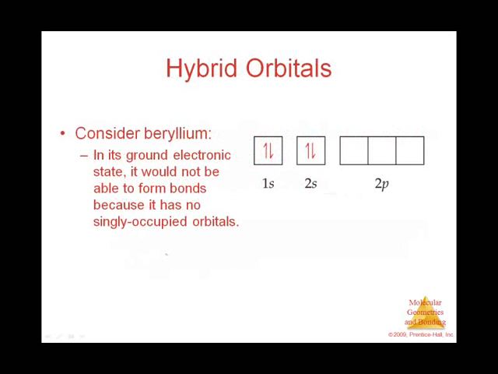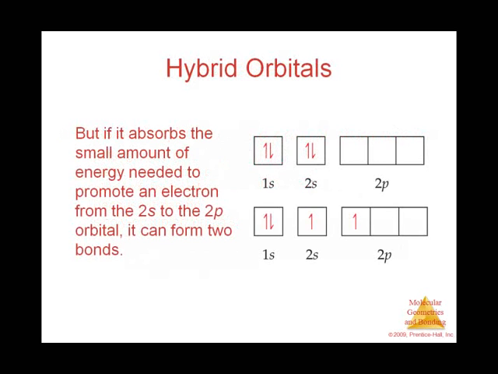Alright, so if I just think about beryllium in its ground state, it wouldn't be able to form any bonds because it doesn't have any singly occupied orbitals, right? So I've got a pair here and a pair here. So where's the pair going to be when it bonds? What hybridization says is that one of these s electrons gets promoted to a p.